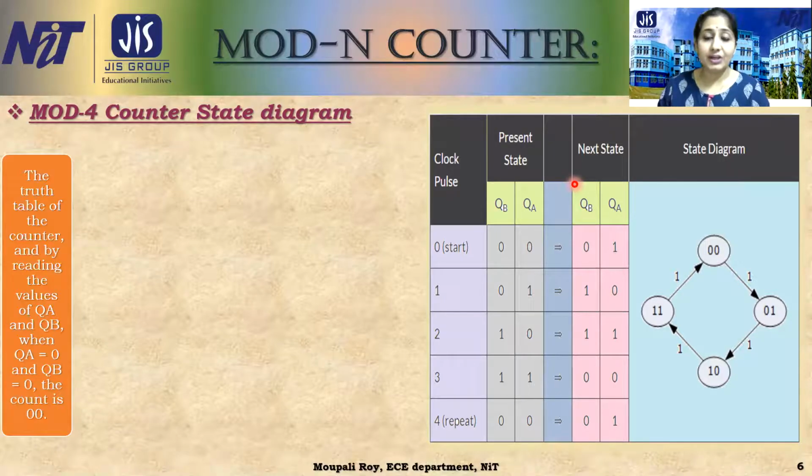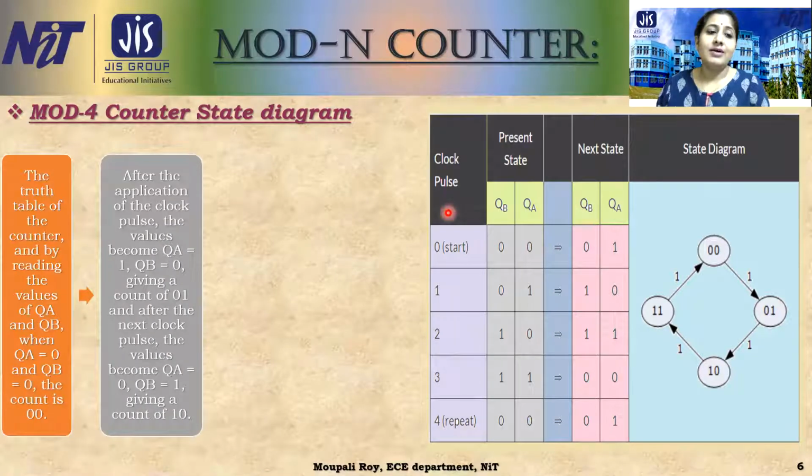Regarding the values of QA and QB, when QA is 0 and QB is 0, this starts the counting from 0 0. For the next one, after the first application of the clock pulse, the value of QA becomes 1. See, this 0 becomes 1 now, and QB remains unchanged.